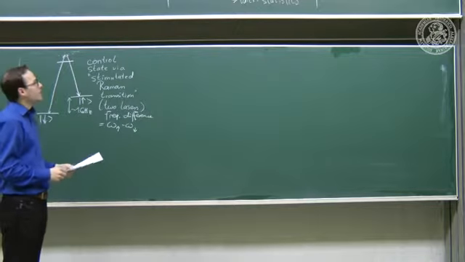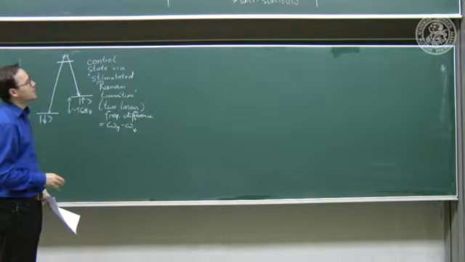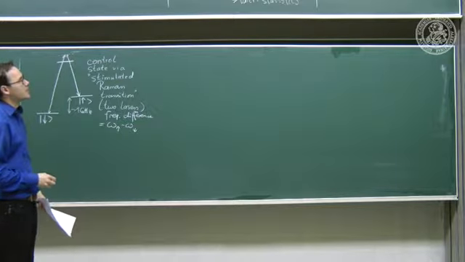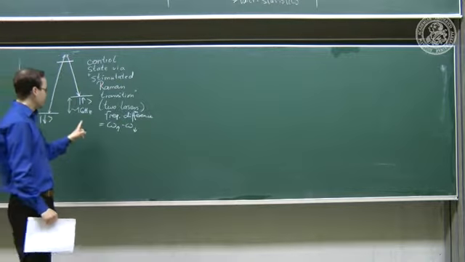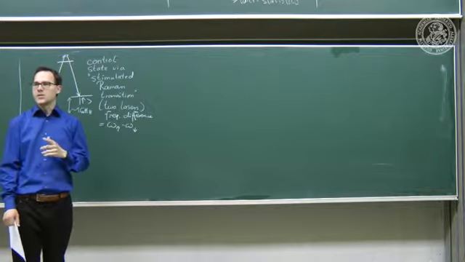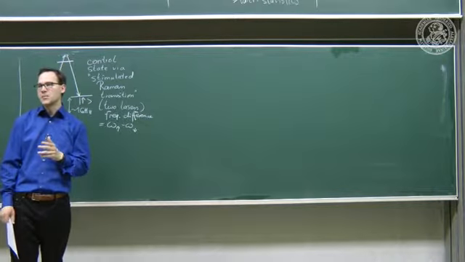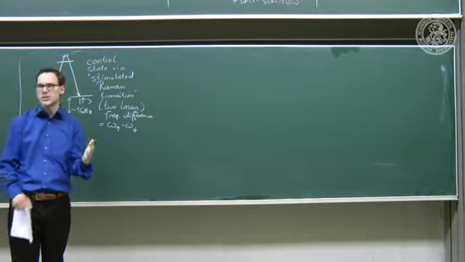Okay. Now, how can that be used to actually entangle the states? The trick is that the way the lasers act on the atom also depends on the position. And the reason is very simple, because it depends on the phase of the electromagnetic wave at the point of the atom. But if the atom moves, then the phase changes.